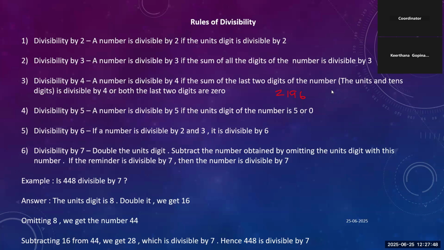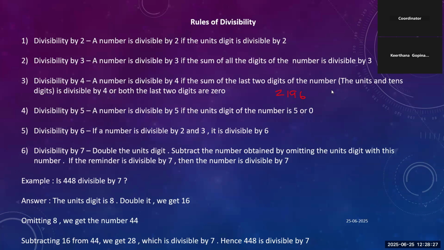Now for 4, just do this. Find out if 2196 is divisible by 4. Basic manual division you do, and tell me.